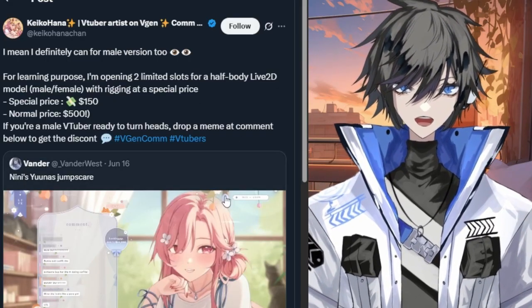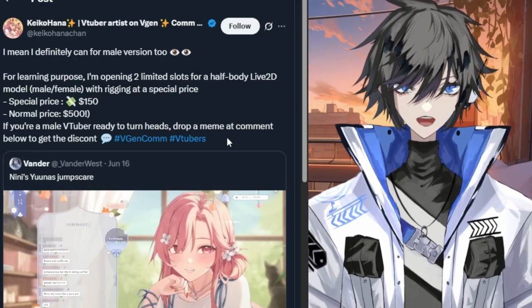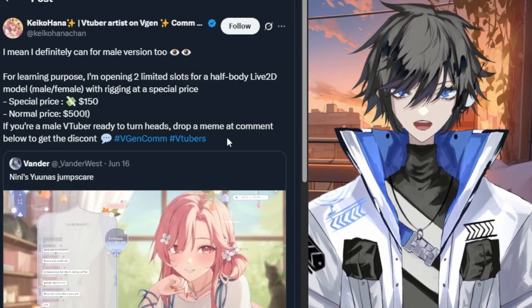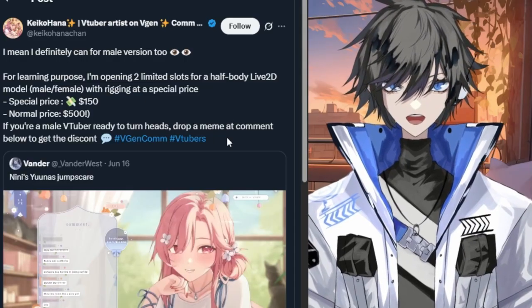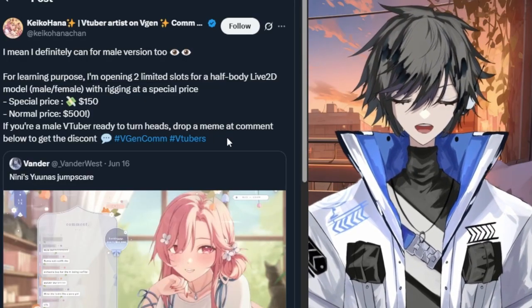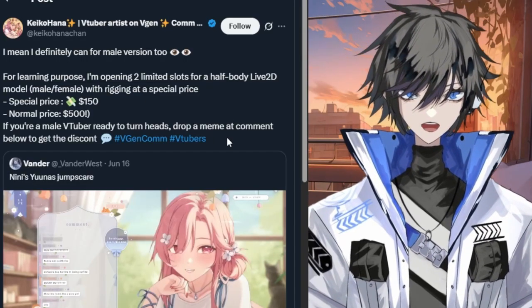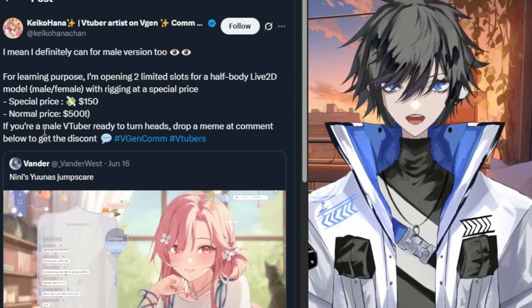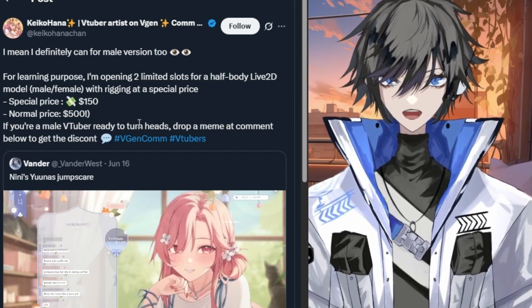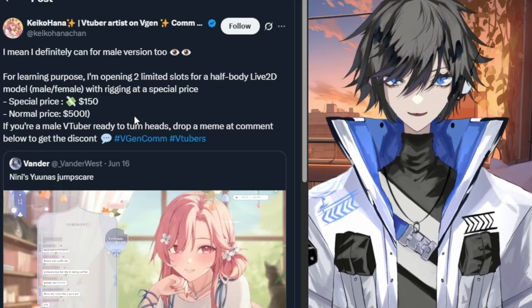If you want this exact pose, this ogle where you go from an innocent clothed young lady or young man to a naked or halfway naked young lady clad in underwear, then we can make it for you for $150. It's usually $500, but we're gonna make it for you for $150.